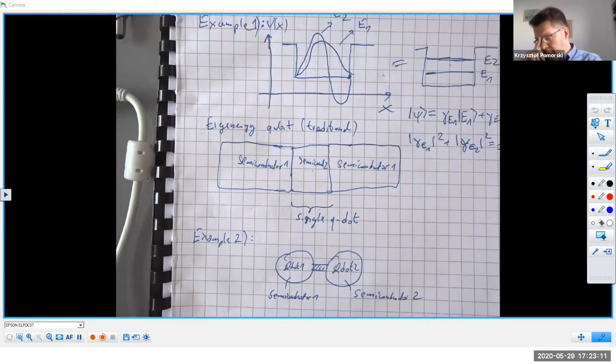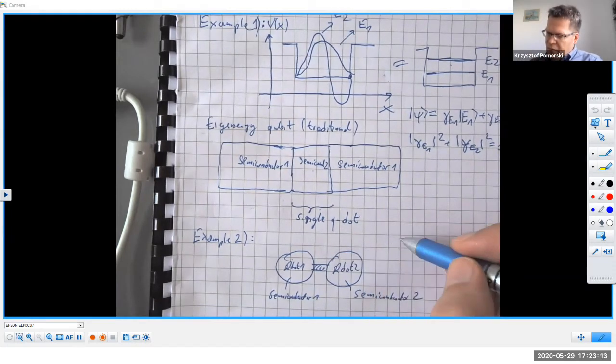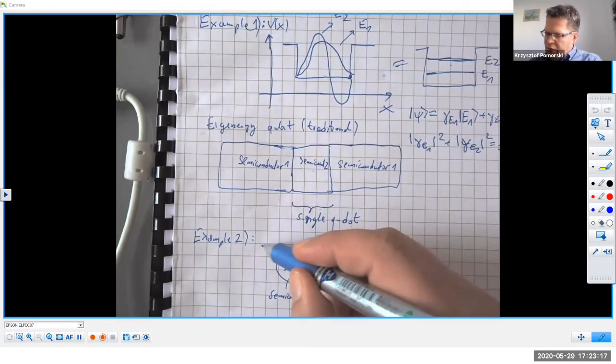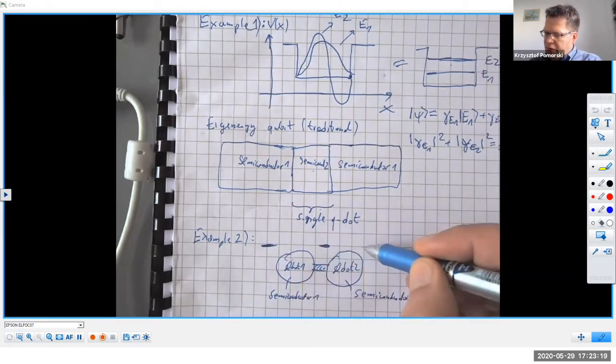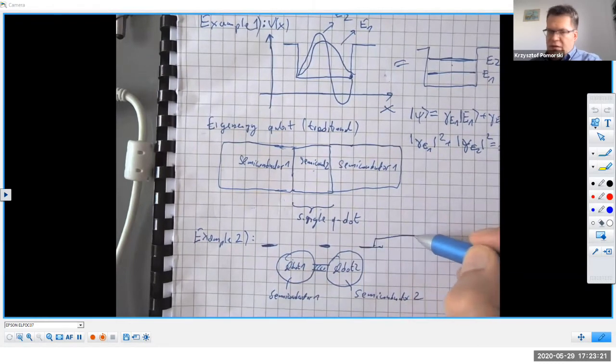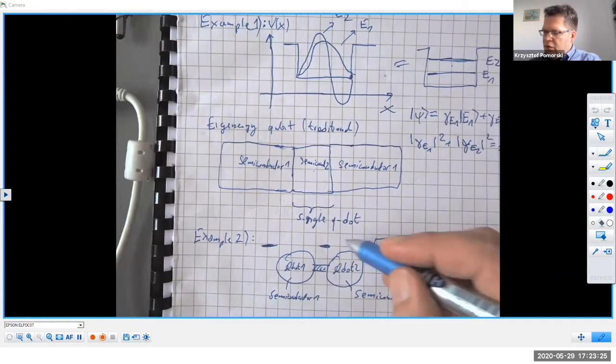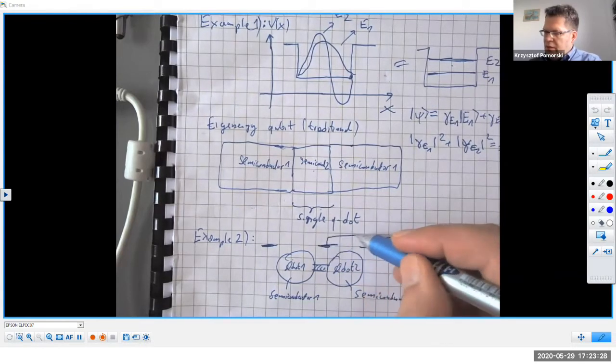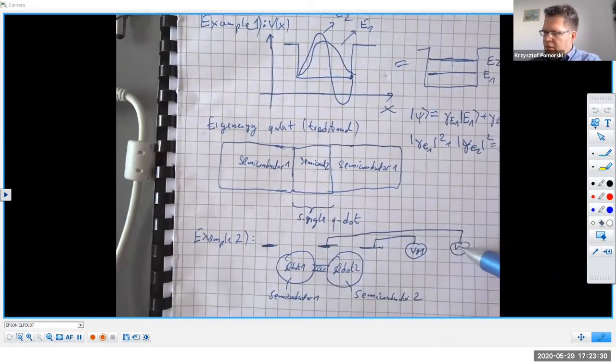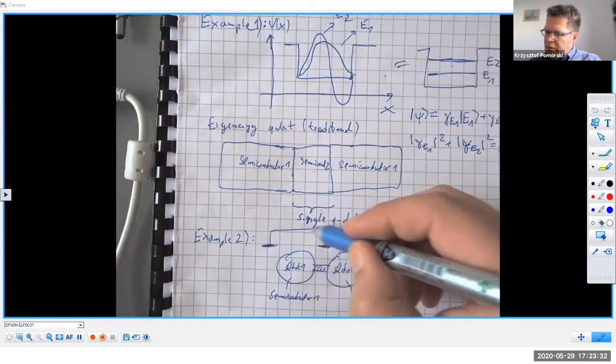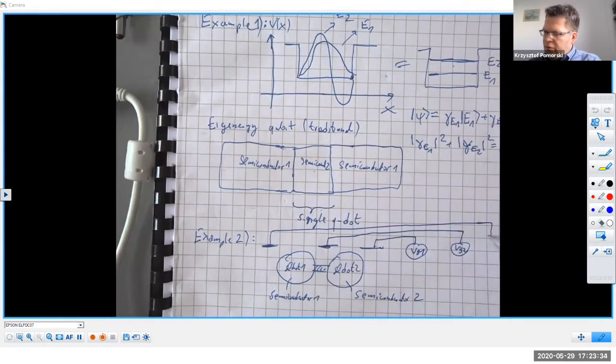Usually what you are doing is placing 3 electrodes. You bias one electrode to VG1, another electrode to VG2, and a third electrode to VG3.